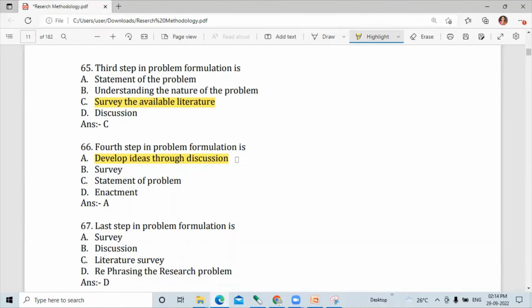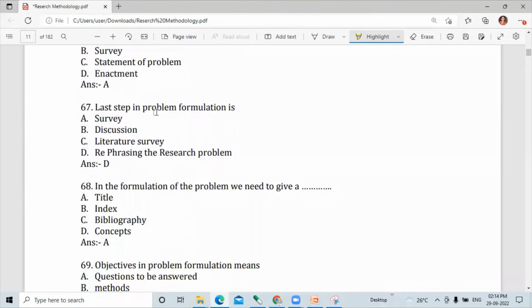So we need to discuss the ideas, whatever information we got in the literature review. Then we continue the next process. That is the fourth step in problem formulation, develop ideas through discussion.